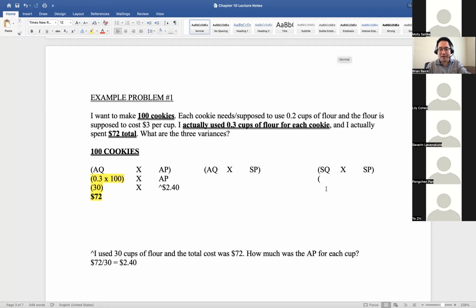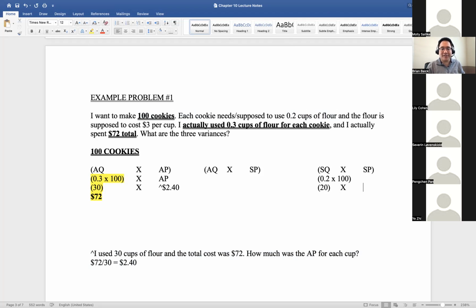Good, very good. The reason it's 20 is because each cookie needs 0.2 cups of flour. So 0.2 times, I'm making 100 cookies, right? So how much flour am I supposed to have to make 100 cookies? That is 20, right?